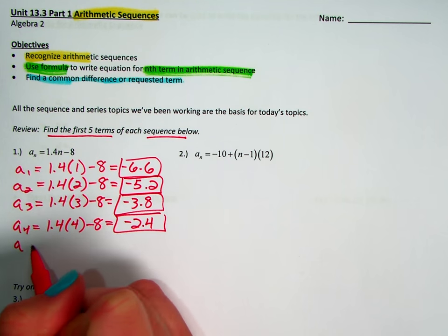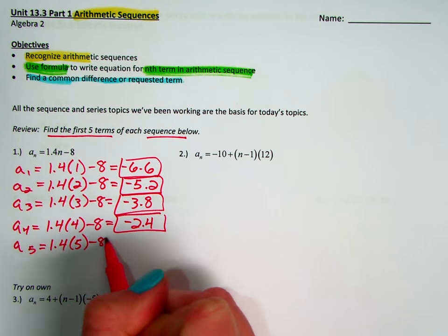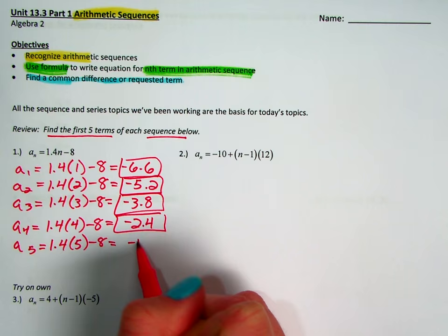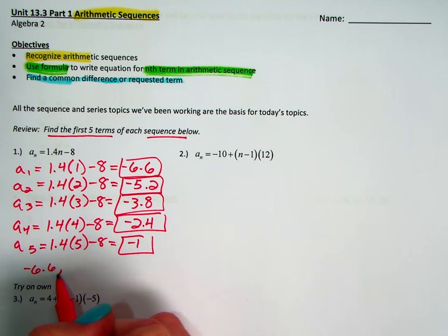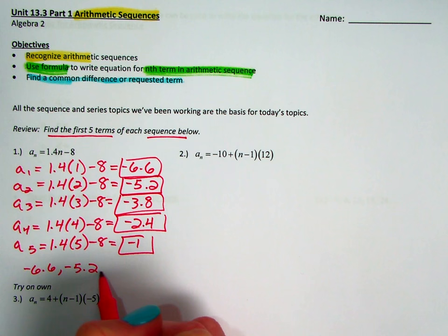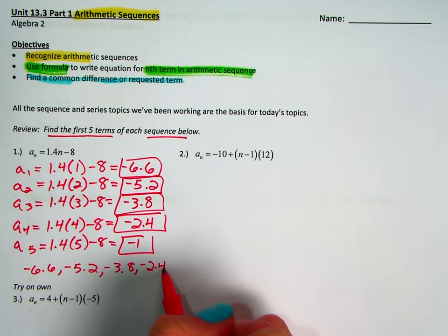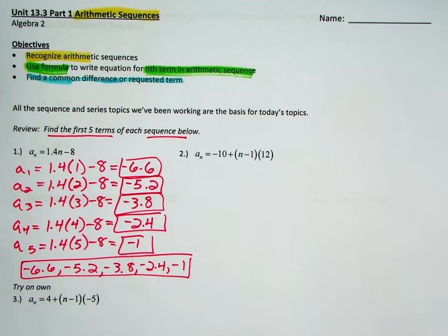And then the fifth term, 1.4 times 5 minus 8. Well, 1.4 times 5 is 7, and 7 minus 8 is negative 1. So the first 5 terms are negative 6.6, negative 5.2, negative 3.8, negative 2.4, and negative 1. This should look really familiar. You just plug in the number of the term that you want to find in place of the n.